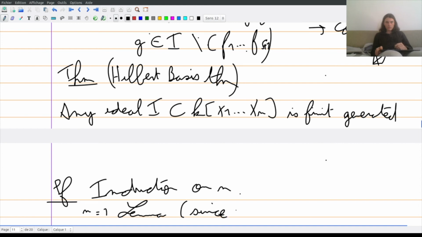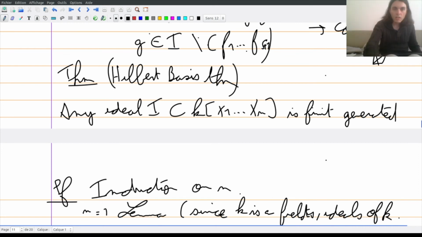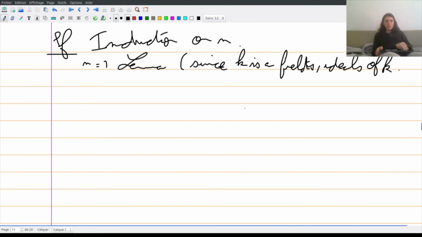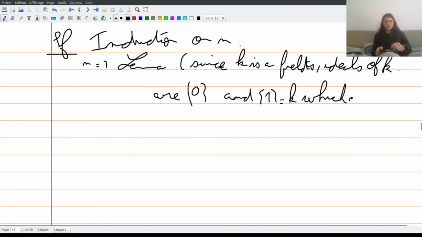Since K is a field, the ideals of K are 0 and K itself, which are finitely generated.